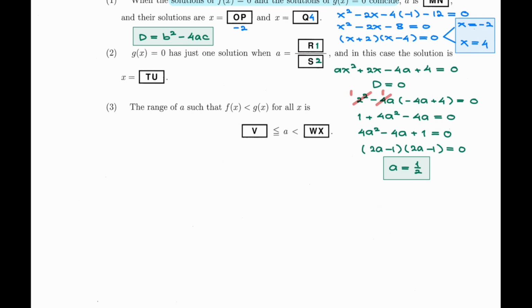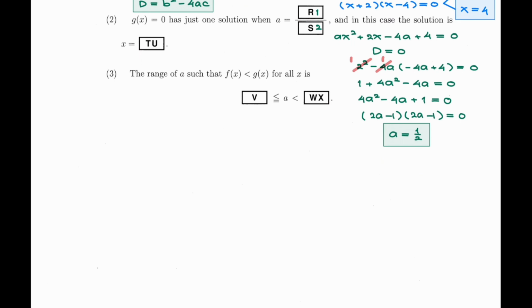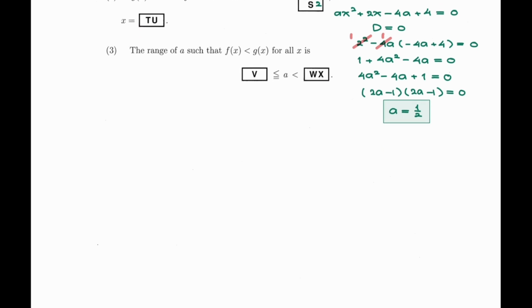And then, in this case, for a equals half, the solution is equal to blah blah blah. Now I will substitute a by using half. Then I will get half x squared plus 2x minus 4 times half plus 4 equals 0.